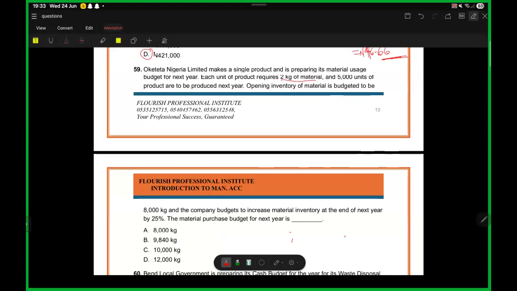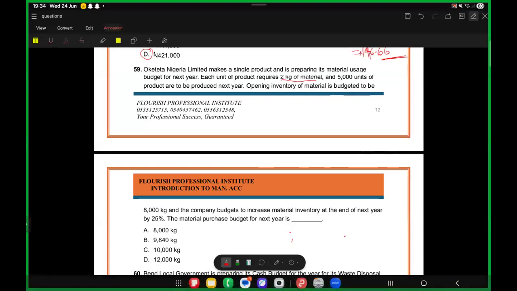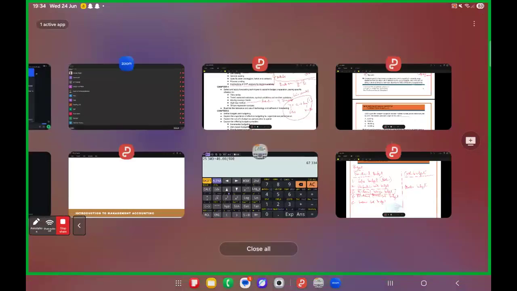Sometimes they can tell you they produce several products. Then the opening inventory of the material is budgeted to be this, and the closing inventory is given as an estimate. You should prepare the material purchases budget for the next year. This is what we are going to do.